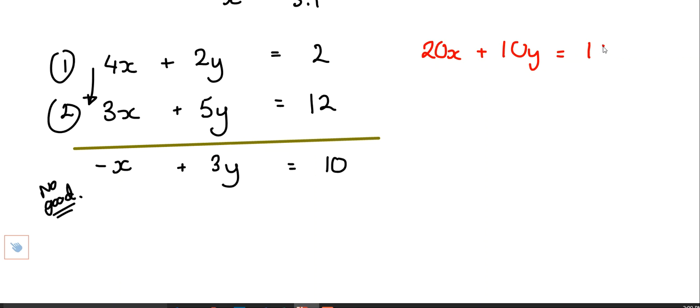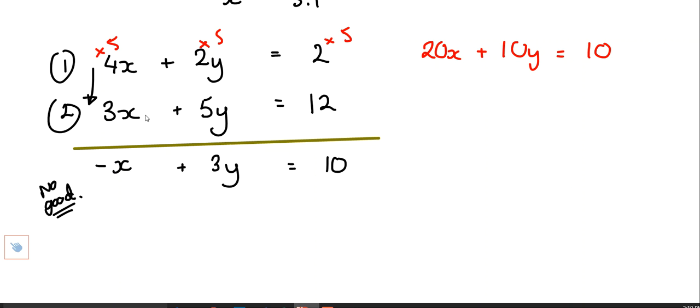Why? Because you times everything by 5. Exactly, I times it all by 5. Now you might go, why did I choose 5? Are you happy that that statement is different, but it's correct? Still don't know what x and y are, but it's correct.